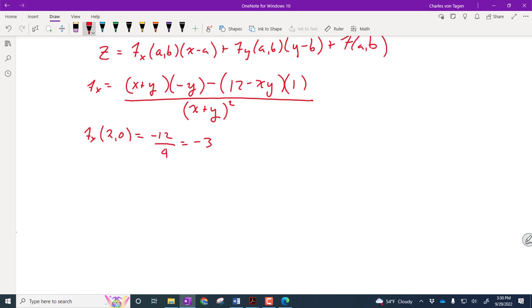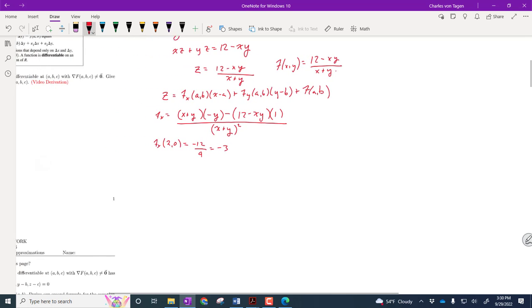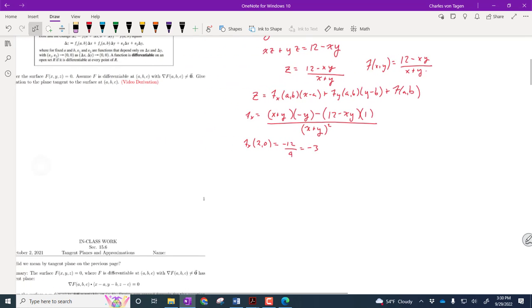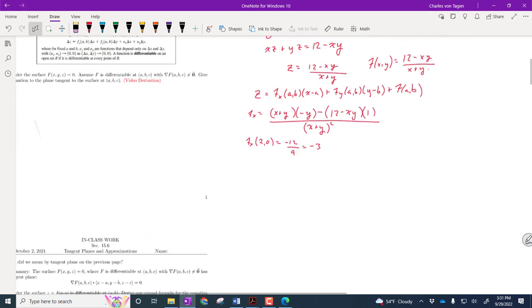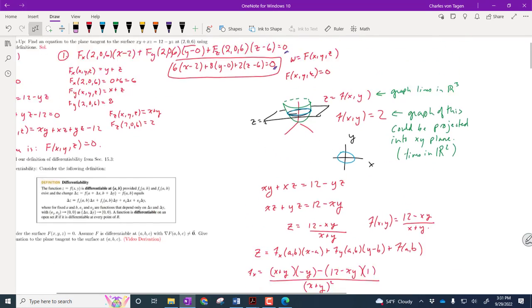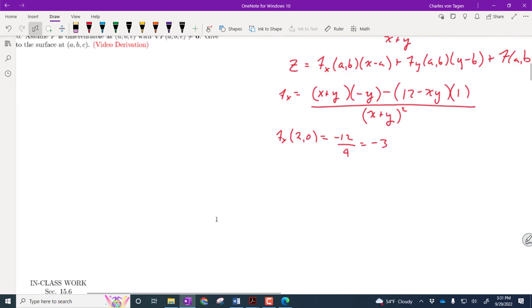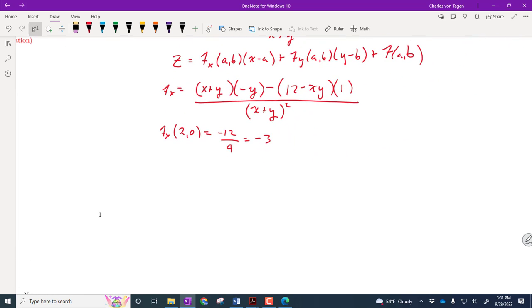Is that right? Minus 10. Because we had a tangent vector that could be divisible by 3. Yeah, that works. So folks, everywhere I saw an x, I plugged in a 2. Everywhere I saw a y, I plugged in 0. I think that's what I'm left with.